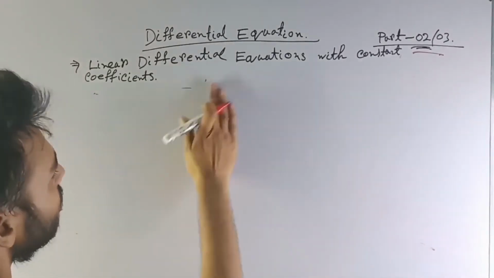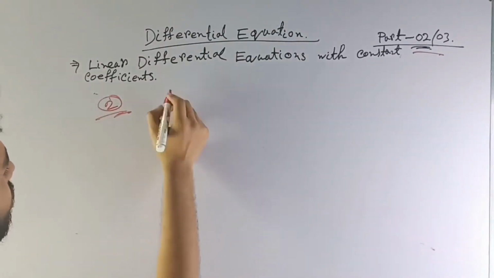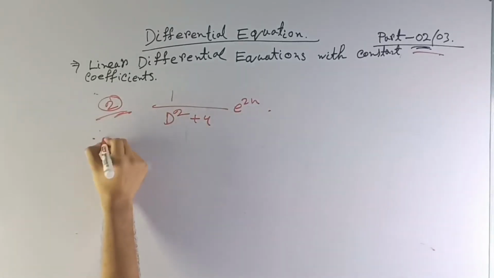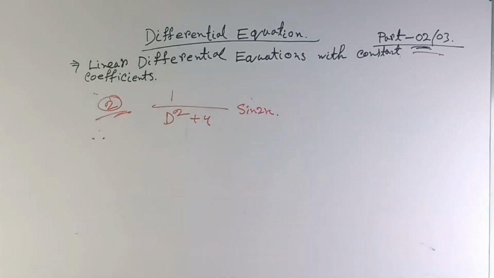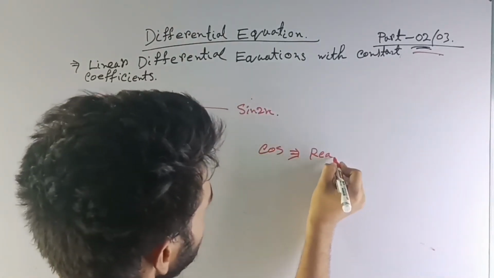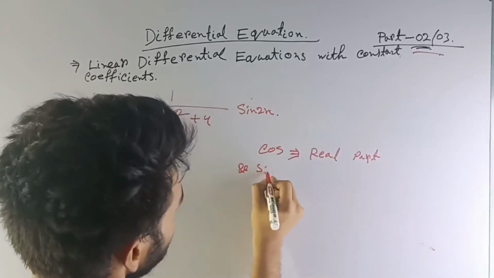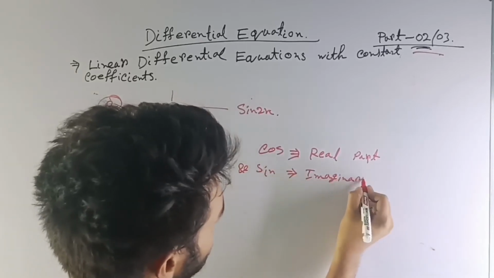I think it's very hard, but it's very interesting also. If we put D, therefore 0, then not putting D, okay, that's putting D minus e to the power something or sin to the power 2x. So now cos is the real part and sin is the imaginary part.